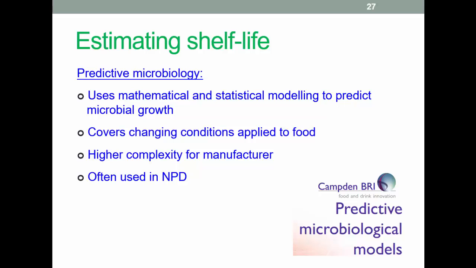These are computer-based software packages which allow the user to estimate a rate of microbial growth or get an indication whether growth of a particular microorganism will occur in a specified set of conditions. So this is obviously based on considerable real-world data. It's quite complex and would normally be done by an outside body rather than the food company involved. Again, there's a link there to Camden BRI if you're interested.